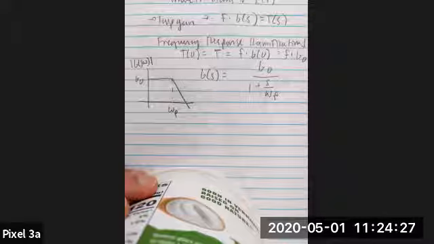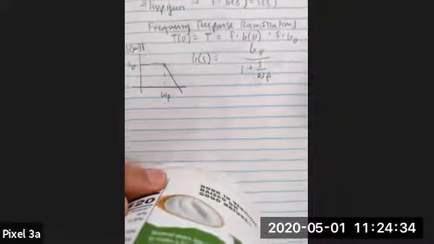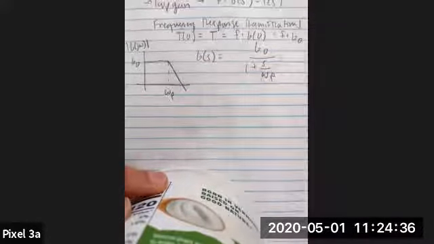So this is what the magnitude transfer function is going to look something like over here, and we're going to have omega p here, and G naught is going to be there. So if we want to see what the closed loop transfer function is going to look like, or evaluate its corresponding frequency response when we put it into feedback, then we can write that out as well, because we found that in the last part, right?